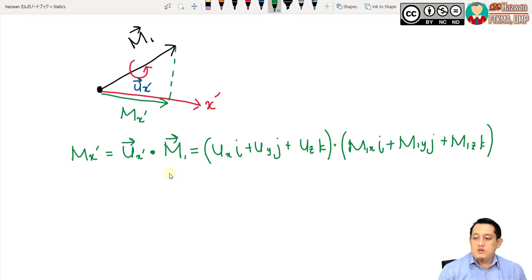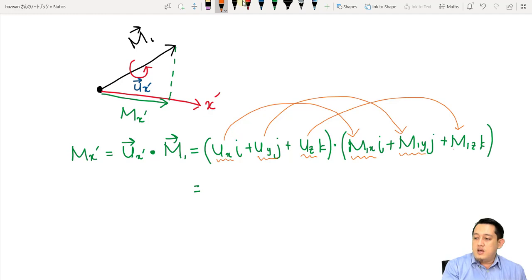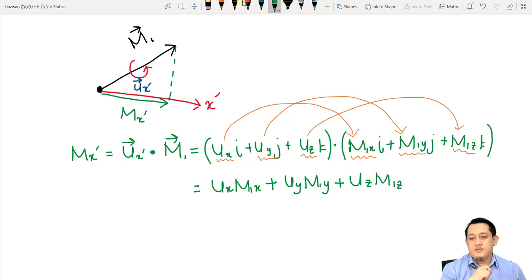When we do the dot product, Ux multiplies with M1x, plus Uy multiplies with M1y, and then Uz multiplies with M1z. So Mx prime is Ux times M1x plus Uy times M1y plus Uz times M1z.